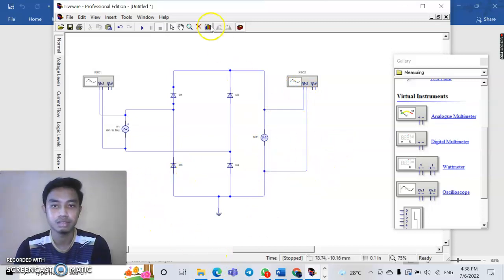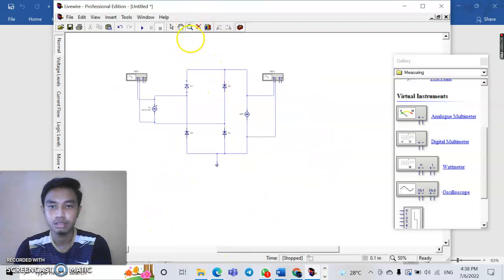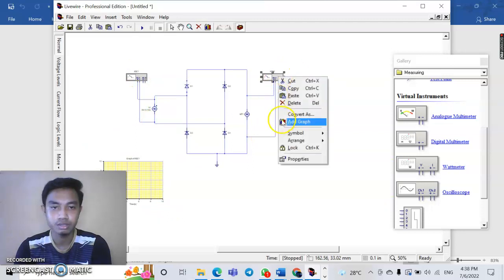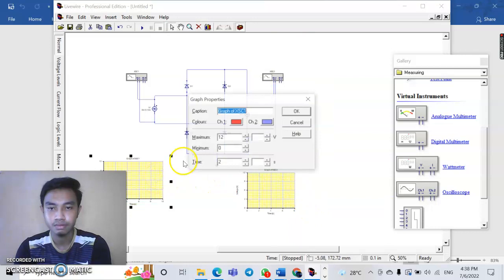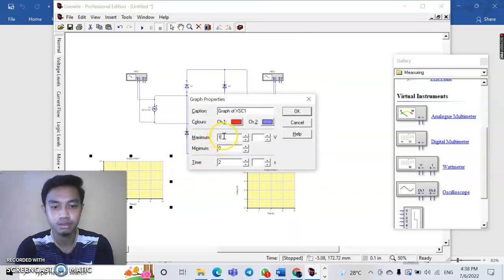After that, bring up the graph for the first oscilloscope and the second oscilloscope, with the time scale at 5.